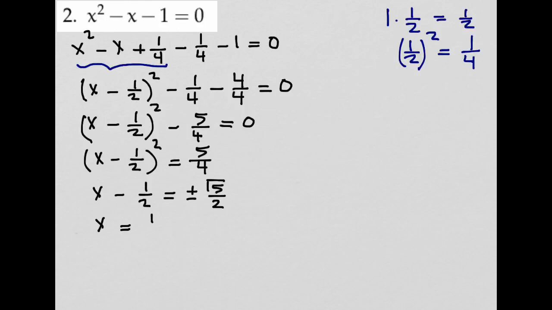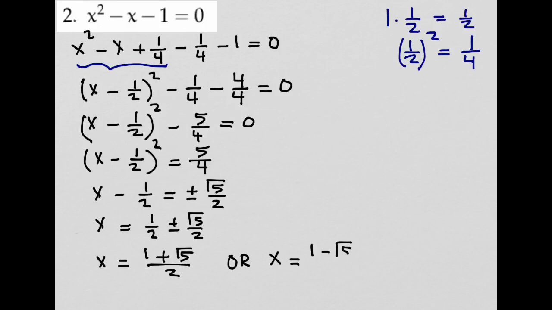We have 1/2 plus or minus square root of 5 over 2. So x is (1 plus square root of 5) over 2, or x is (1 minus square root of 5) over 2.